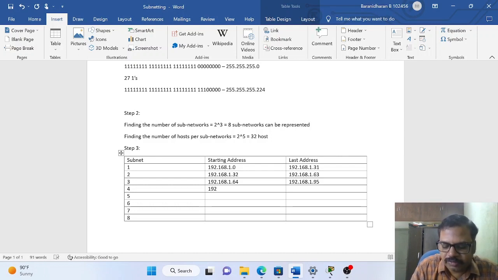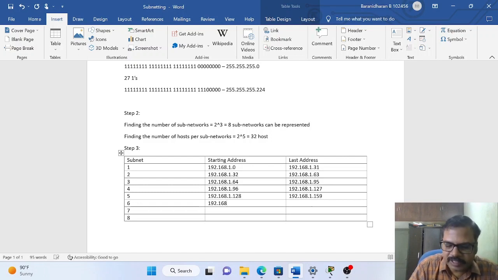Next one, 192.168.1.96 to 192.168.1.127. Then 192.168.1.128 to 192.168.1.159.